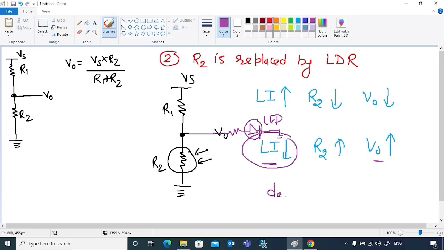So it is called a dark sensor. The earlier one is the light sensor and this is the dark sensor. It is sensing the dark. So in IBM cloud we are using the first one, the light sensor.